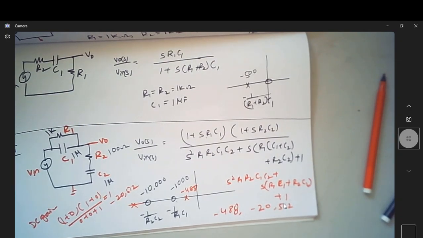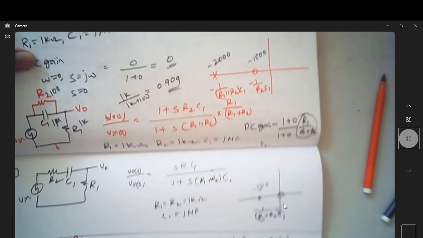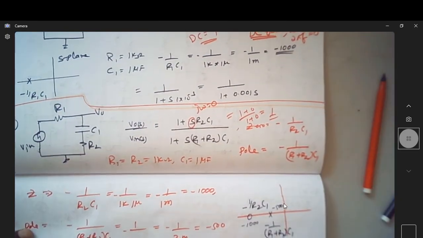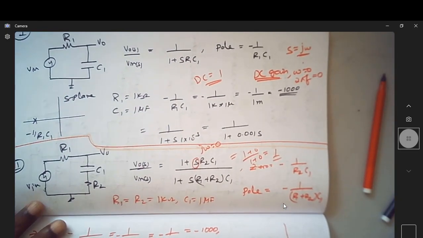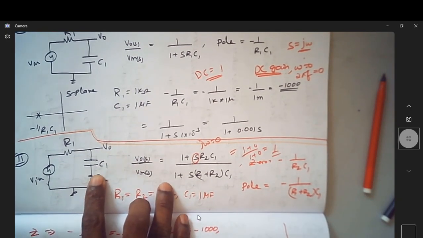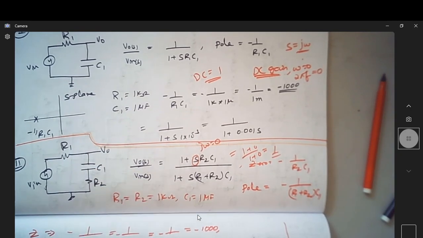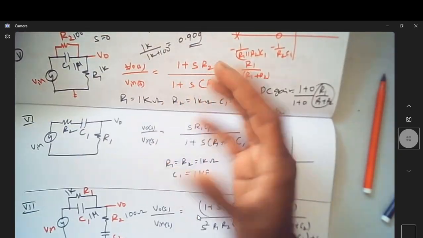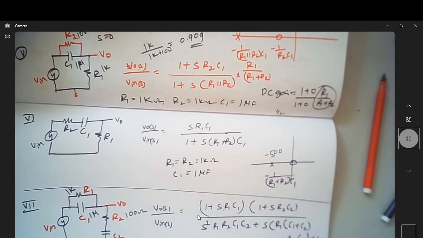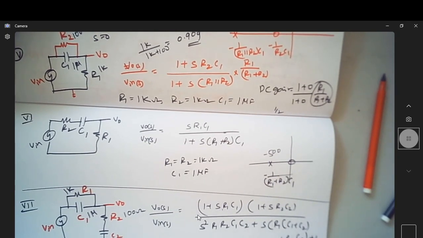In this video, we shall just recap all these different RC networks and their realization of poles and zeros, and what is the impact of adding a resistor in series with the capacitor, in parallel with the capacitor. We were able to see the pole and 0 positions, how they move, and what the DC gain of the system is.